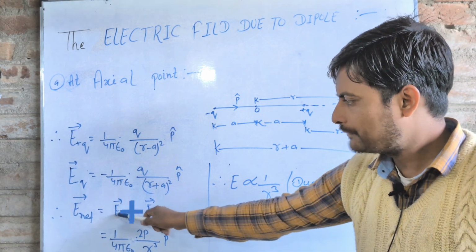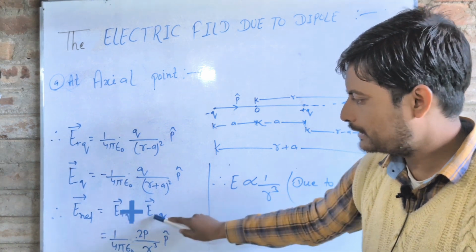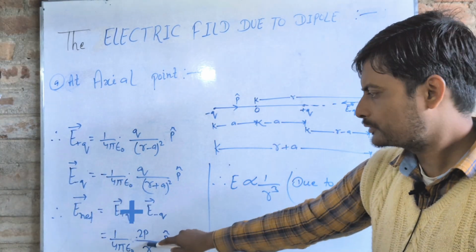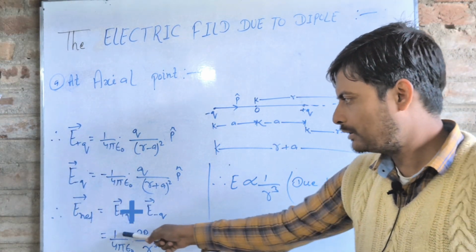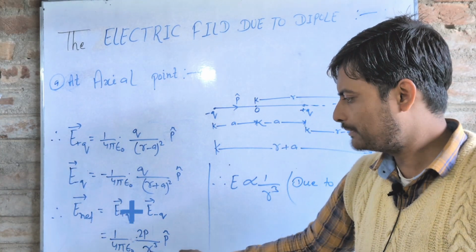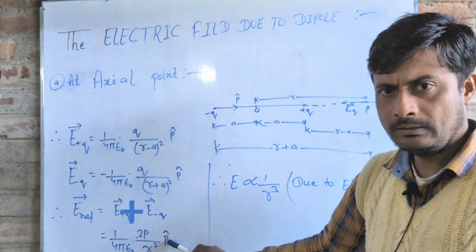After putting the values of E plus q and E minus q from these two equations and solving, we get the net electric field as 1 by 4 pi epsilon naught, 2p by r cube, along p cap.